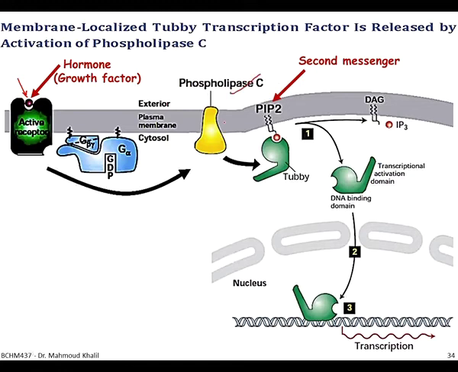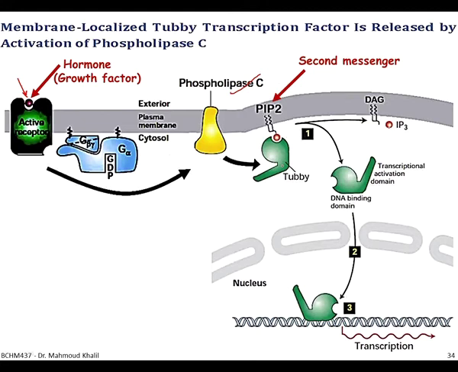So once this effector enzyme is activated, it's a phospholipase, so it needs to break down something because it's a lipase. Basically, there is another protein, which is called TAPI protein. This TAPI protein is bound to one of the molecules of the plasma membrane, which is called PIP2, phosphatidylinositol bisphosphate.